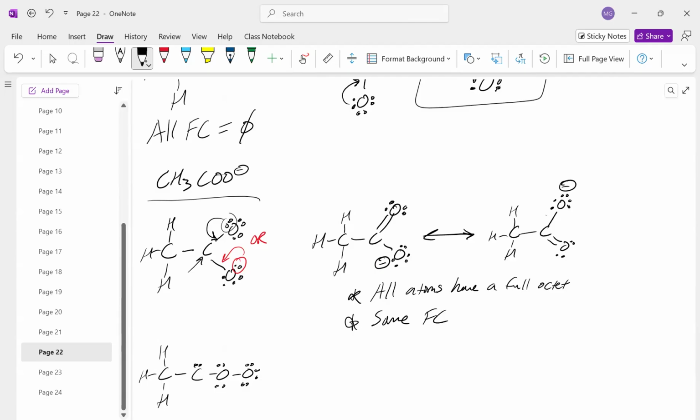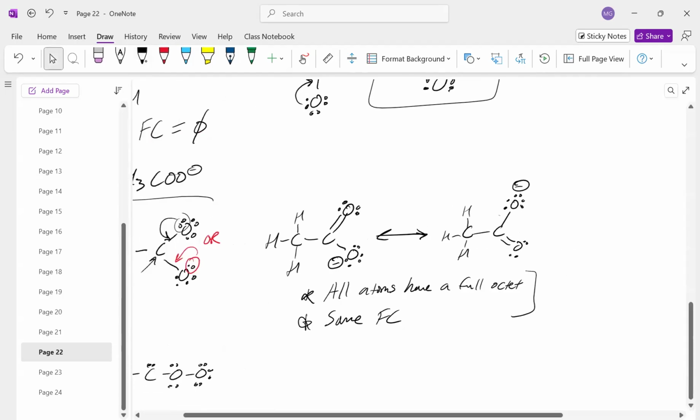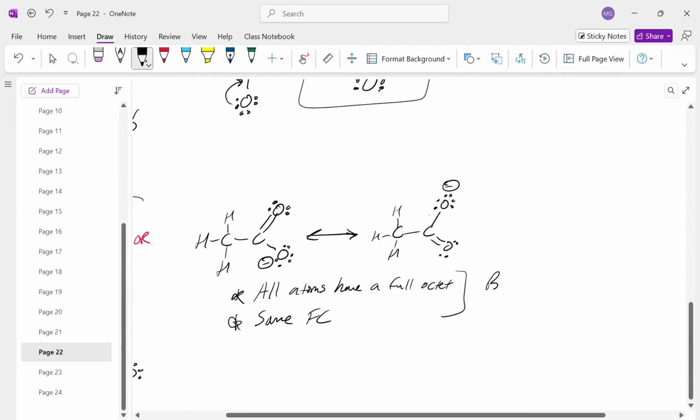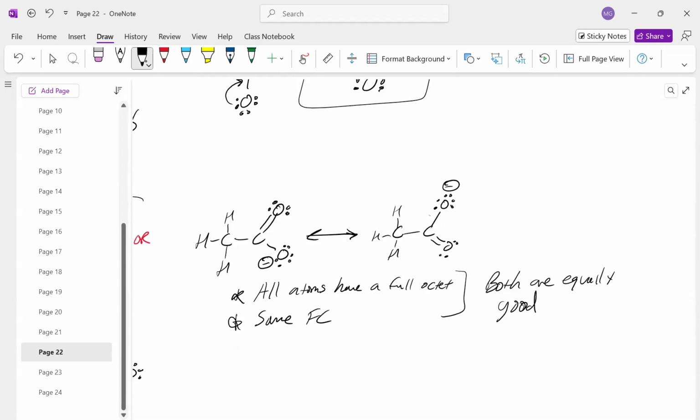So what does that mean? Both are equally good. Now you might be thinking, well, what happens if I come up against this on homework or an assessment? What do I do? You show the resonance forms. So you'd show all of them, 2 or 3 or however many there are.